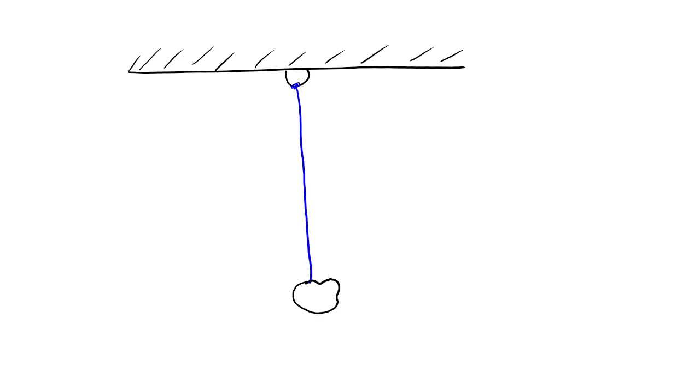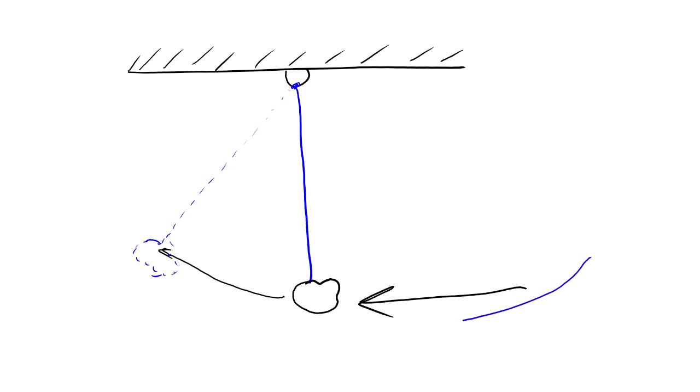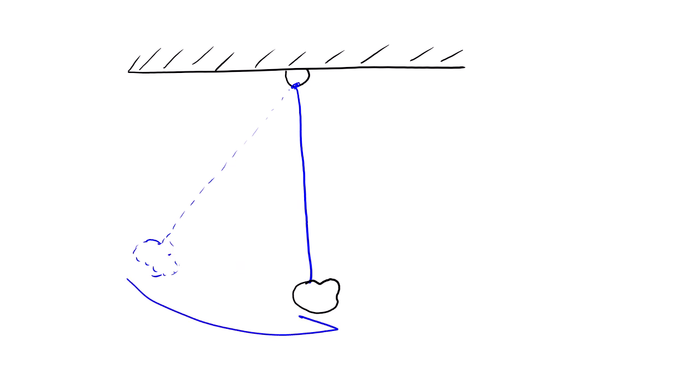I can displace this. I can push from this side and displace this object to this position, and this is my stone. But when I release the pushing force, what will happen to the object? The object goes back, but it will not stop here.